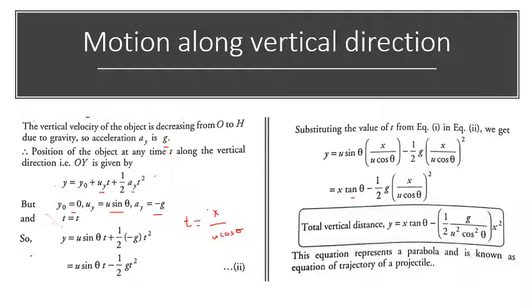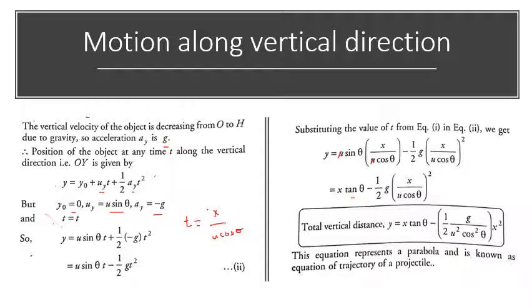Okay, and this u will get cancelled. Sin theta by cos theta is tan theta and here you have x. So combine all this. So x tan theta minus half g into x divided by u cos theta, the whole square. Okay. So what is your total vertical distance? y equal to x tan theta minus half g divided by u squared cos squared theta into x squared.